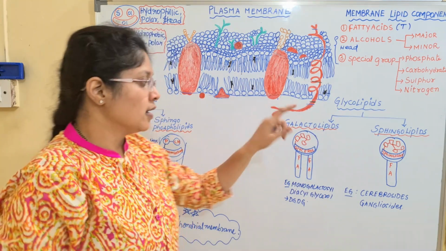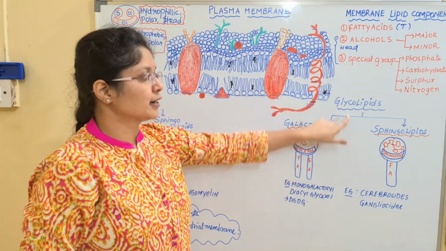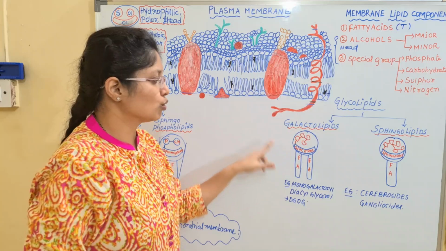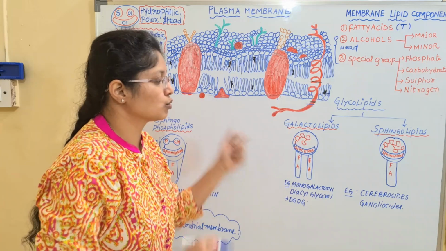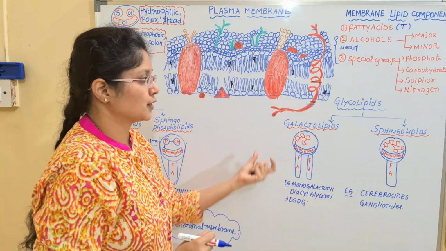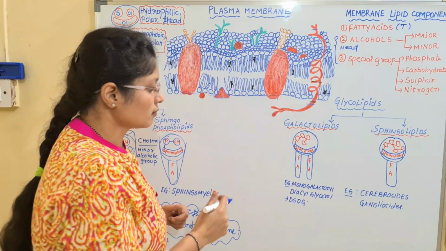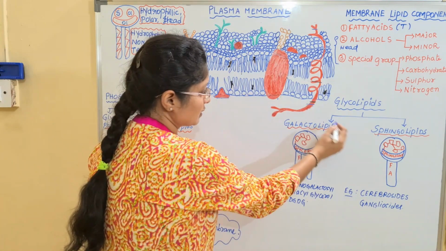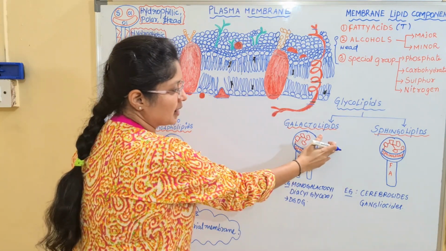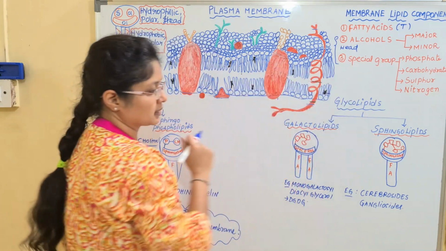Clear with this? I have told you that if carbohydrates are associated with lipids, they are said to be glycolipids, right? So here the lipids are associated with the sugar moieties, and hence they are said to be glycolipids. Clear? And these glycolipids are again categorized into galactolipids and sphingolipids.